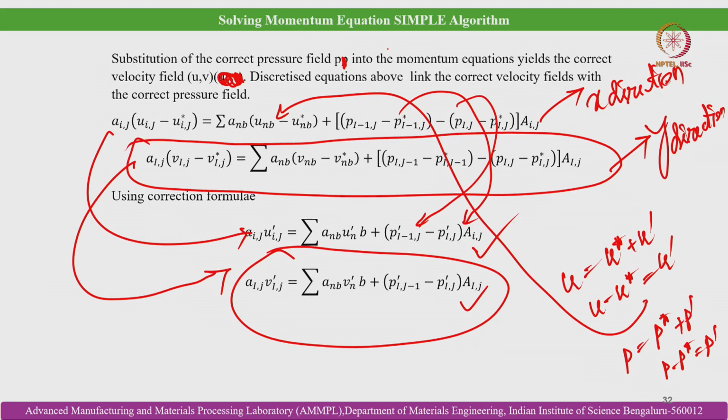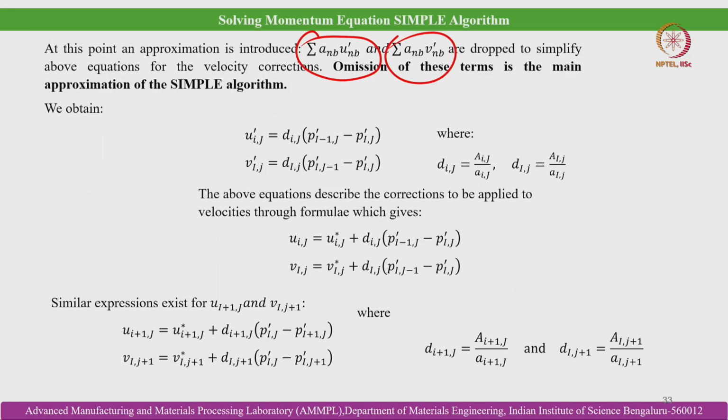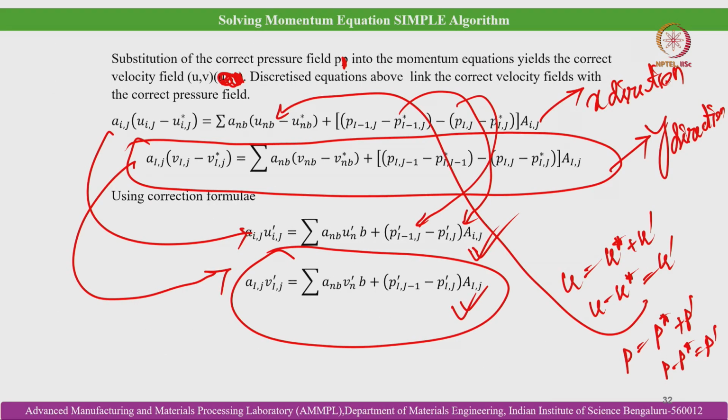So, if you again look at this, these two equations get simplified further, and it reduces to u prime i j equals d i j multiplied by p prime I minus 1 j minus p prime I j, because from this equation, if you take the value of a i j, this term is already dropped.